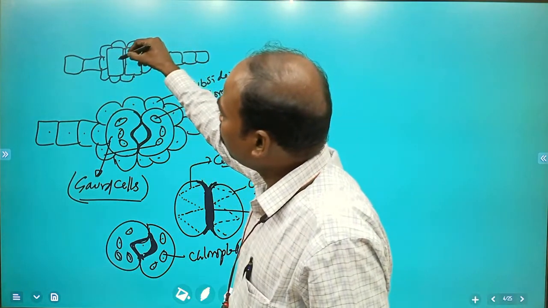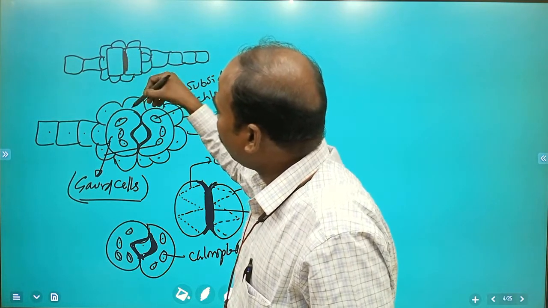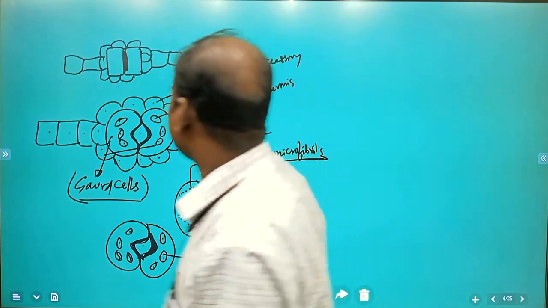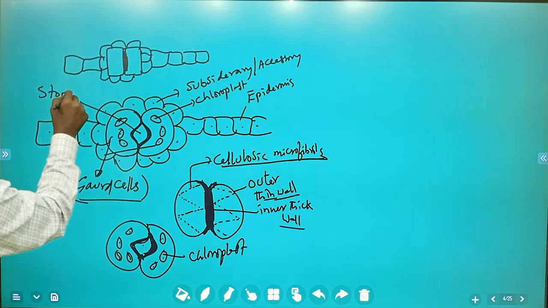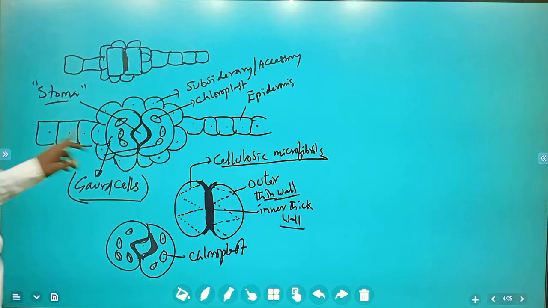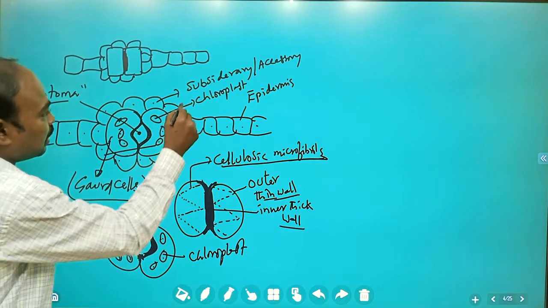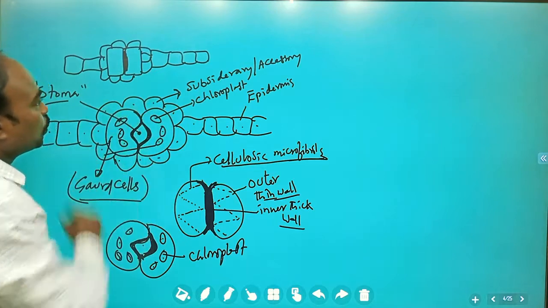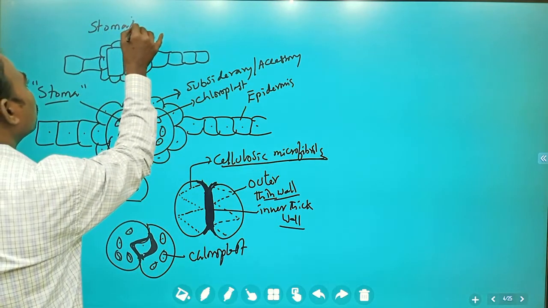So this is the closed position of the guard cells. This is the open stoma. The stomatal pore, guard cells, and subsidiary cells together are called the stomatal apparatus.